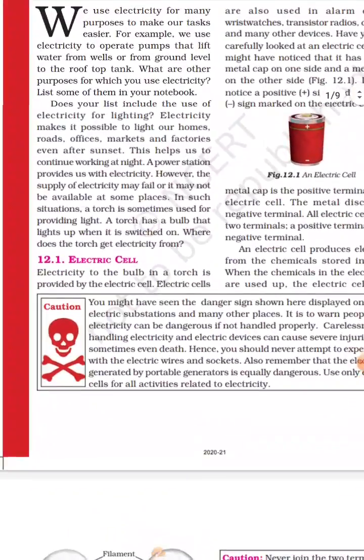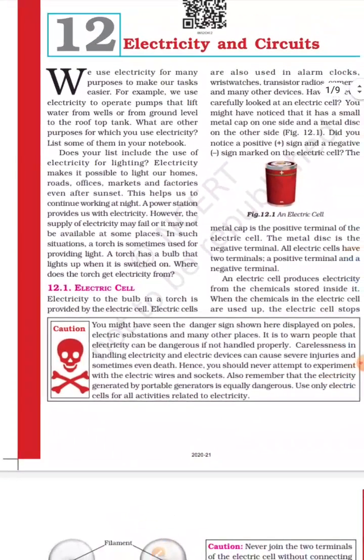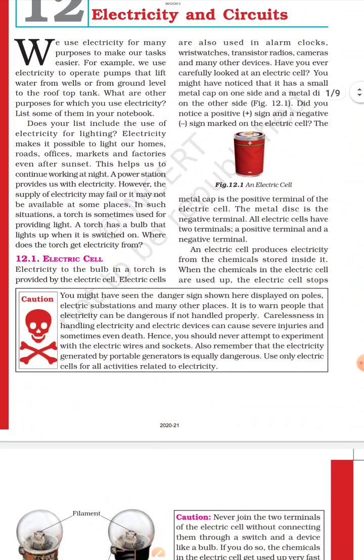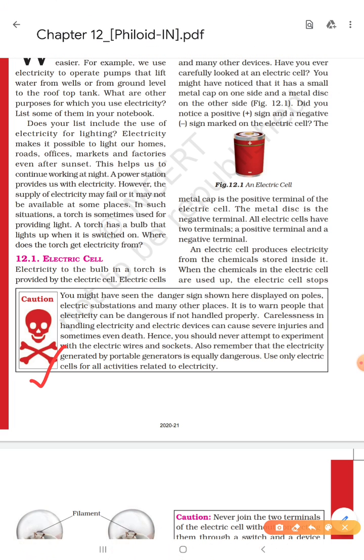Here are some important points. This is a danger signal. You might have seen this sign displayed on poles, electricity substations, and many other places. Why? It is to warn people that electricity can be dangerous if not handled properly.